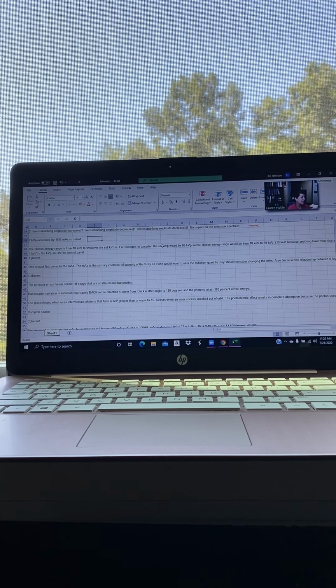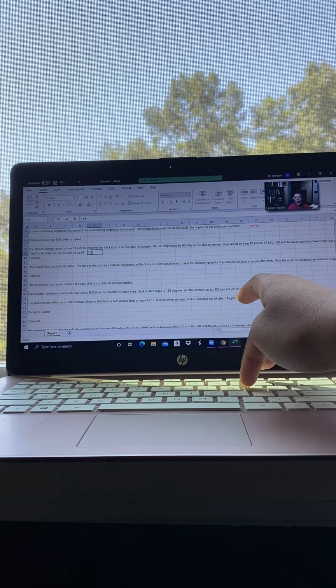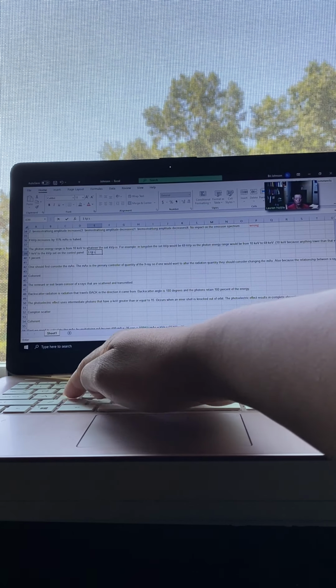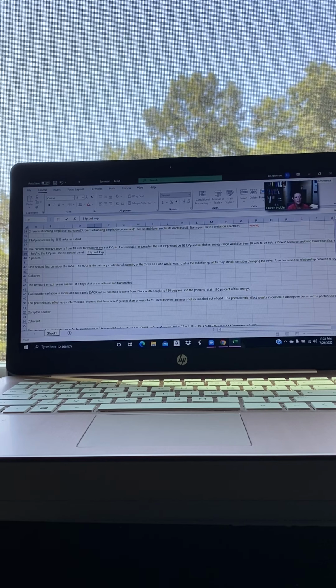If this wasn't asking about what comes out of the tube, because some of y'all put 10 keV up to the KVP that was set. I did give you credit for that, but it's not completely correct because we do have photons that have 1 keV worth of energy being produced at the anode.